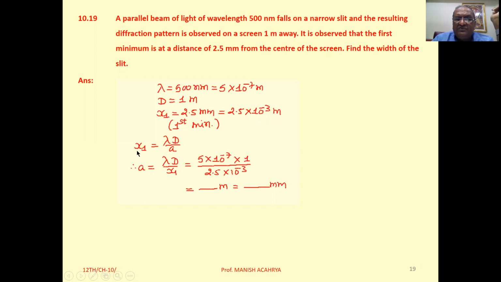So we can write the position x1 is lambda D upon a. Now a is lambda D upon x1, so you will get the width of the slit. Lambda is given as 5 into 10 raised to minus 7, capital D is 1 meter, and x1 is 2.5 into 10 raised to minus 3. Solve this one, you will get the answer.